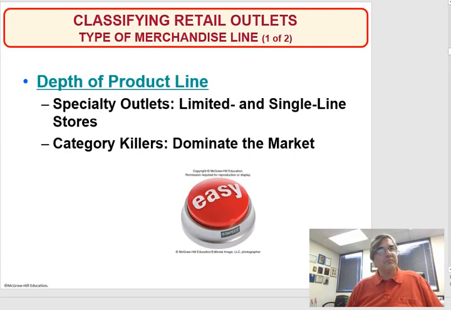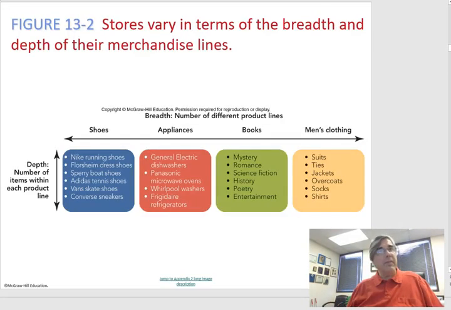And then we can also classify based on the width and depth of a product line. So the breadth, the width, is how many different kinds of product lines there are, and then the depth is how deep those product lines are.